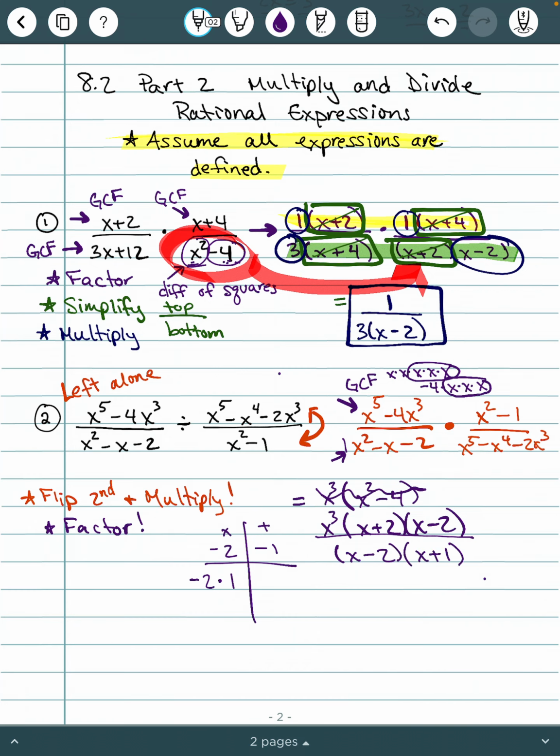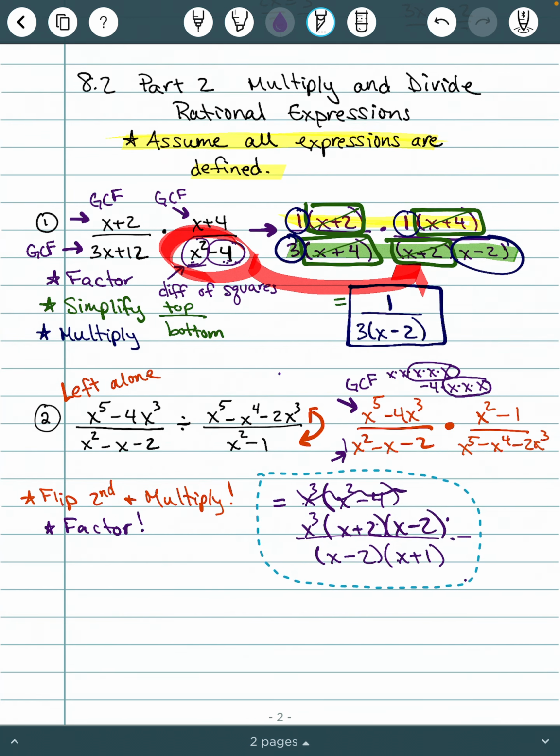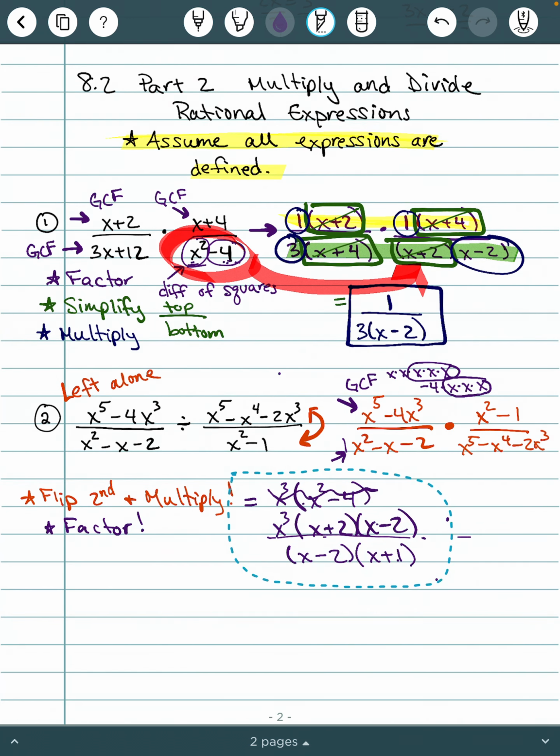Excuse me, plus 1. I am running out of space. That is one convenient thing about technology, is I can just move it over. Okay, so we factored our first fraction. Now we need to factor our second fraction.